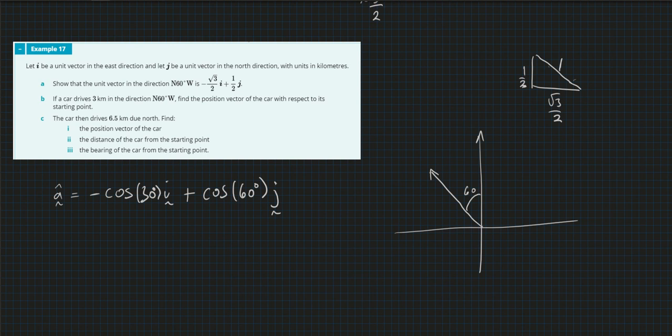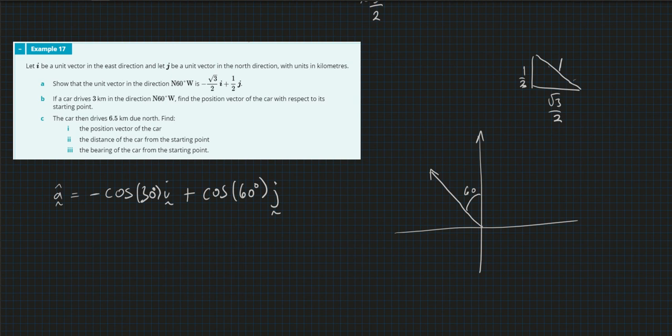Okay, so if the car starts 3 kilometers in the north, so it's 3 kilometers in this direction, find the position of the car with respect to the starting point.